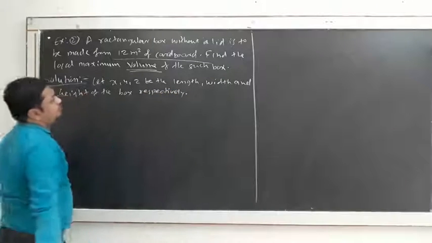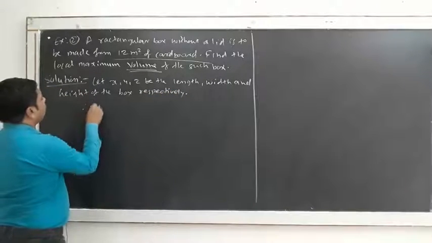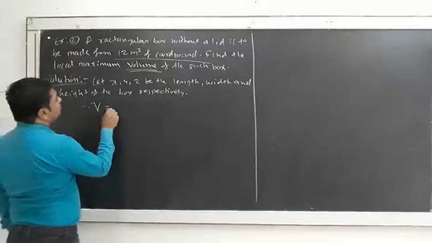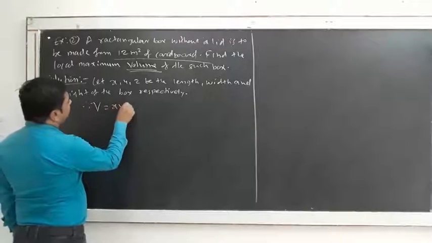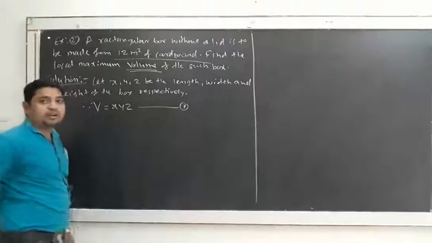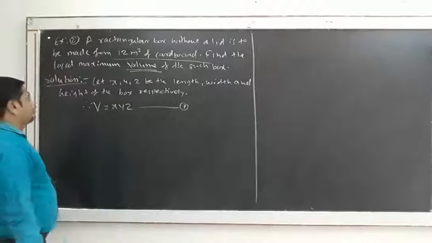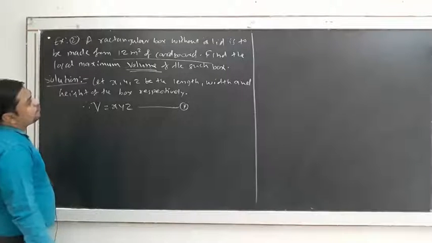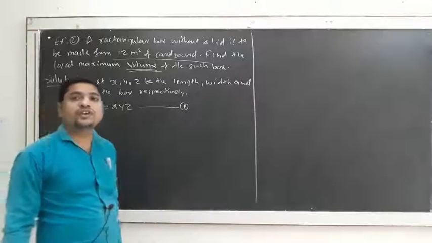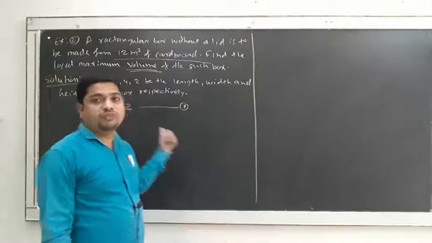Therefore, volume of the box is equal to LBH, that is xyz. Say this is equation number 1. Length into breadth into height, volume. Now what we have to put? We have to convert this equation into the 2 variable function. It is a 3 variable function.